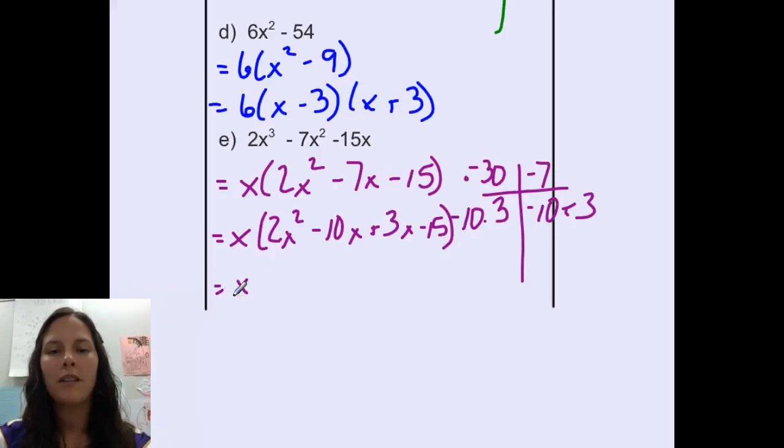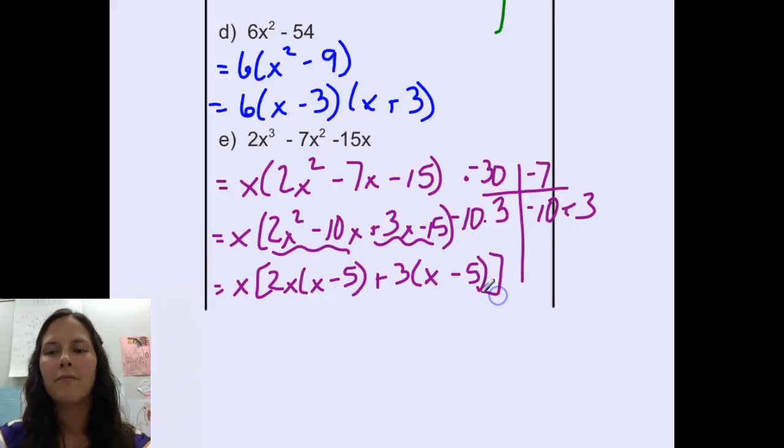Factoring by grouping, I have a GCF on my first two terms of 2x, leaving me with x minus 5. The GCF on my second two terms is a positive 3, leaving me with x minus 5. And finally, pulling out that x minus 5, that's the GCF, leaving me with 2x plus 3.